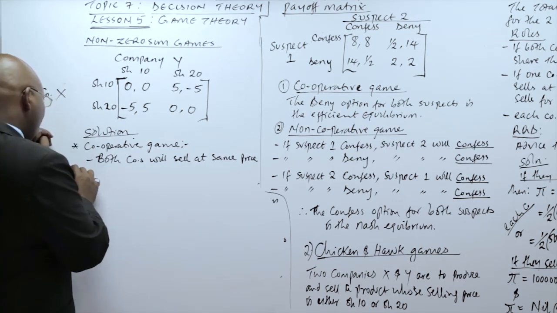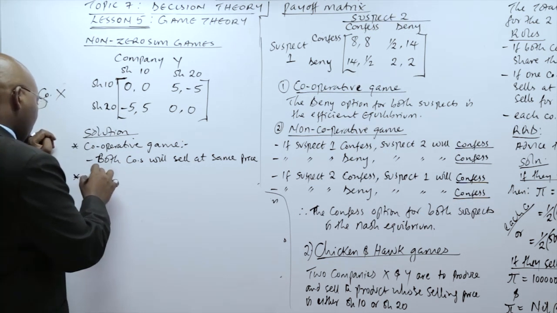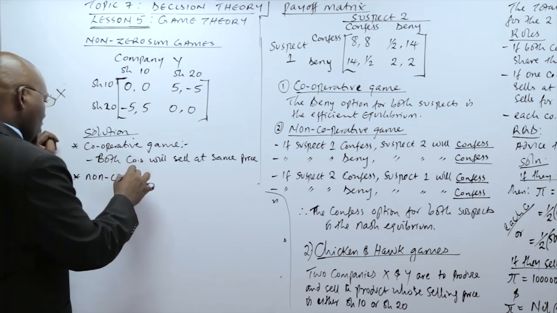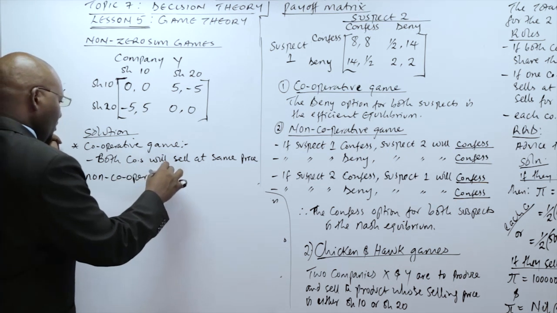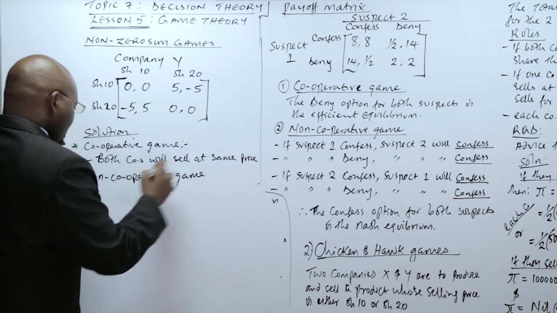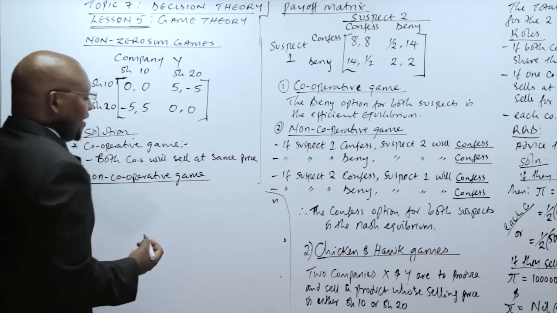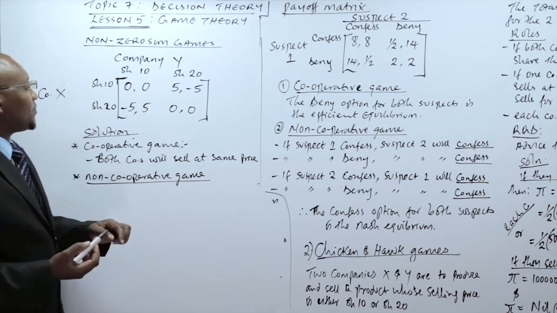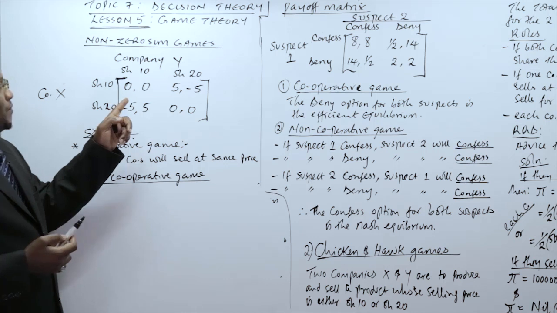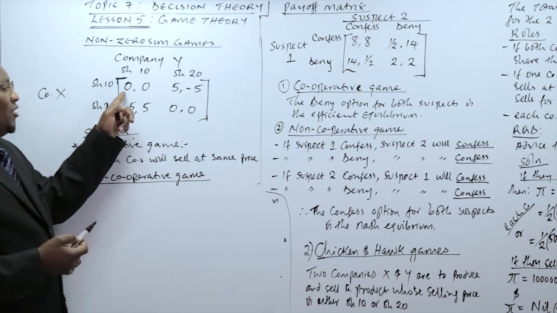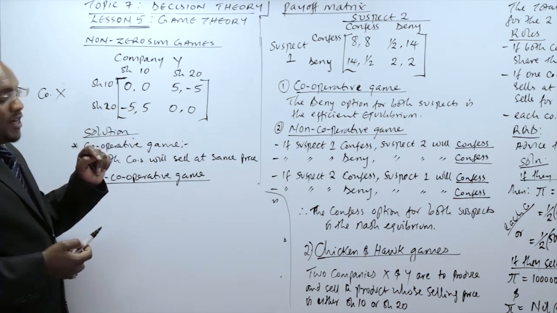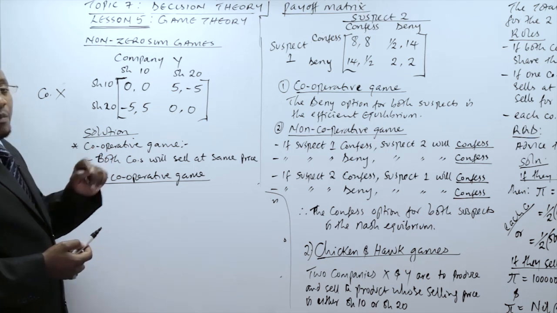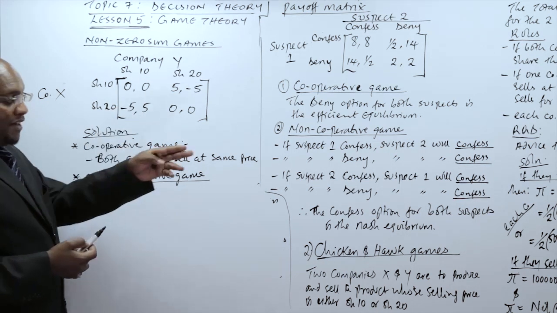But if it is a non-cooperative game, then we look at the effect. If you sell at a lower price, you are likely to make a 0 or a 5 million. But if you sell at a higher price, you'll make a negative, and it's evident there.